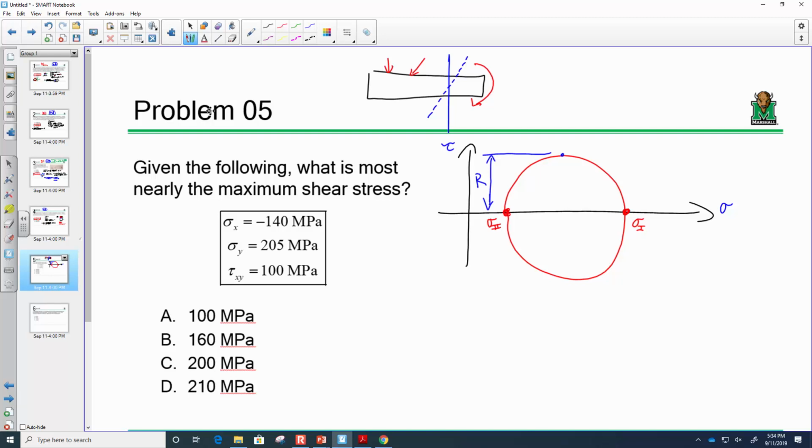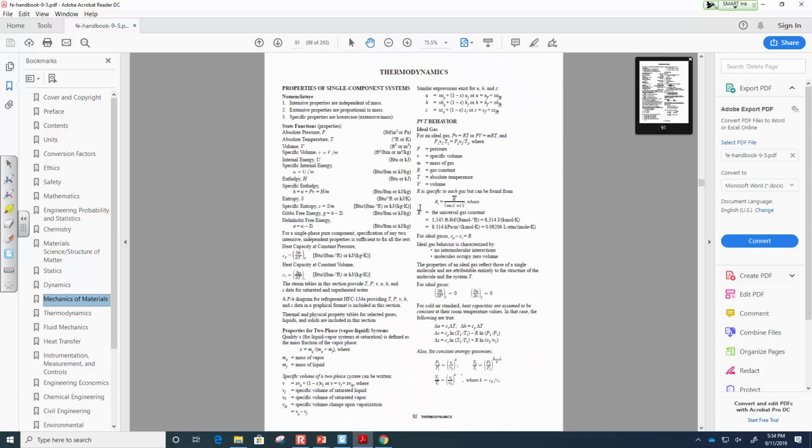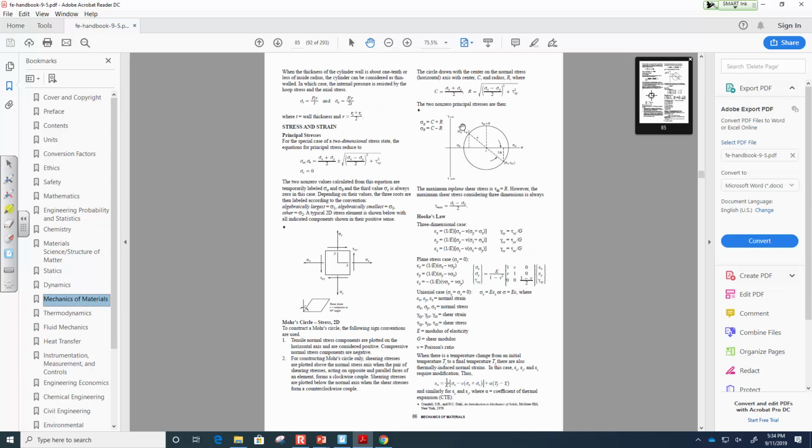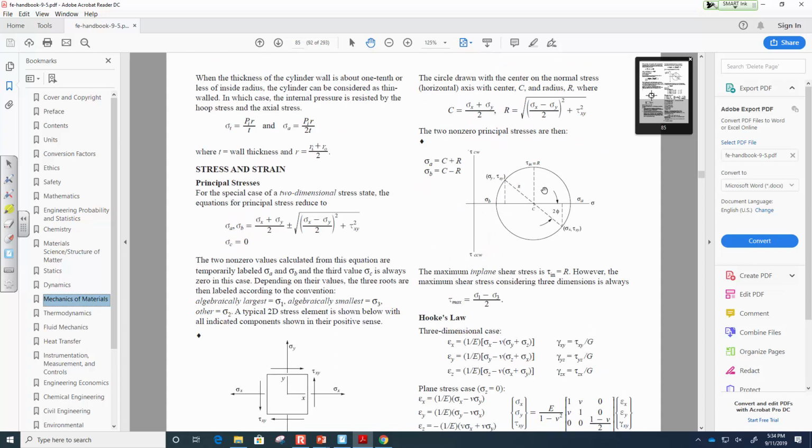So how do you determine that? Because I know ultimately what you probably care about is the plug and chug expression. Hold on. Keep in mind it's here. Here's Mohr's circle. There's the center. There's the radius. So it's just plug and chug: the square root of sigma x minus sigma y over 2, squared, plus tau xy squared. Basically just the Pythagorean theorem.